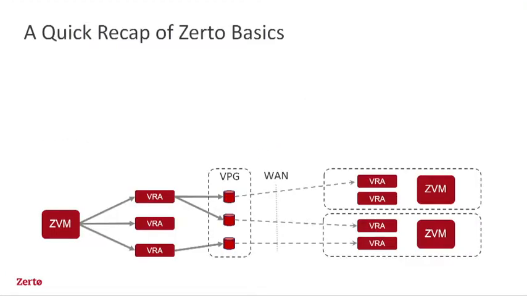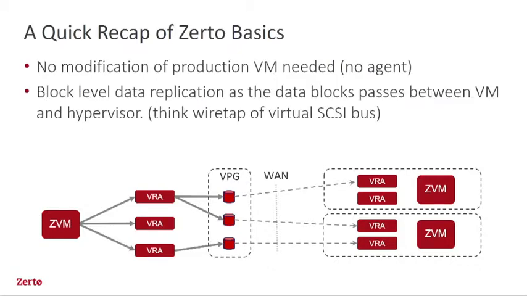I don't know if Oded used this graphic down at the bottom. It's going to show us how checkpoints are created. I'll go through the top couple here. You already know there's no agents, right? The exception is we do have a VSS agent, but I'll get into that in a little bit.